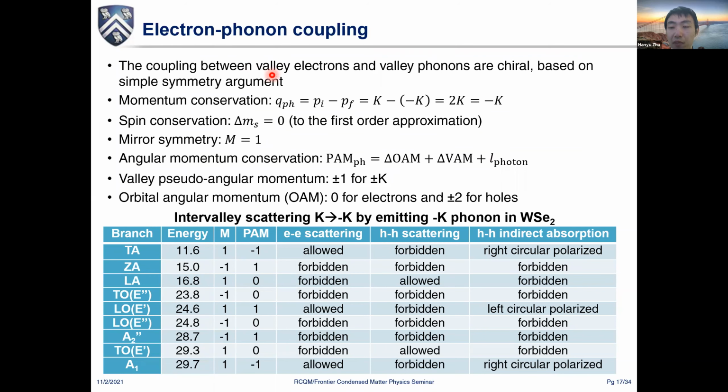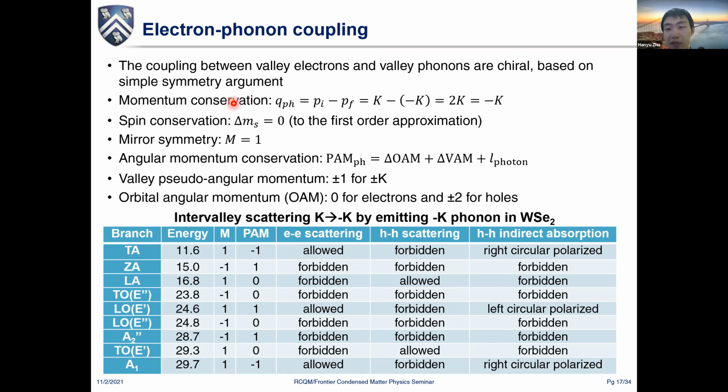So we argue that the coupling is also chiral, meaning that you have to have a specific polarized phonon to interact with specific polarized electrons. They cannot mix with each other. This is based on a simple symmetry argument with different conservation laws.